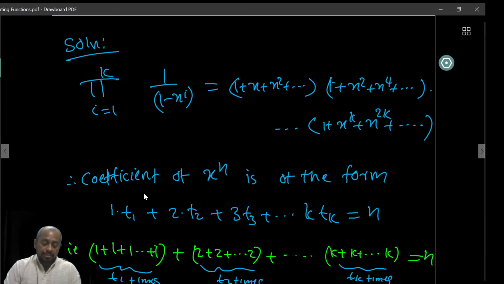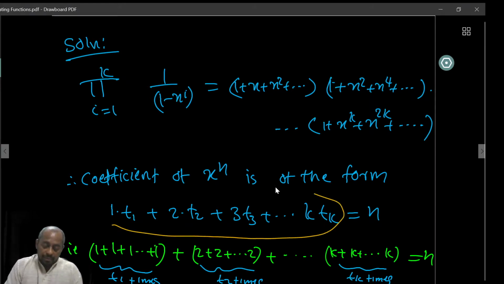Then from the second bracket it is 2 times t2. And similarly, the third term will be 3 times t3, etc. The last term will be k times tk, depending on which position you are at.